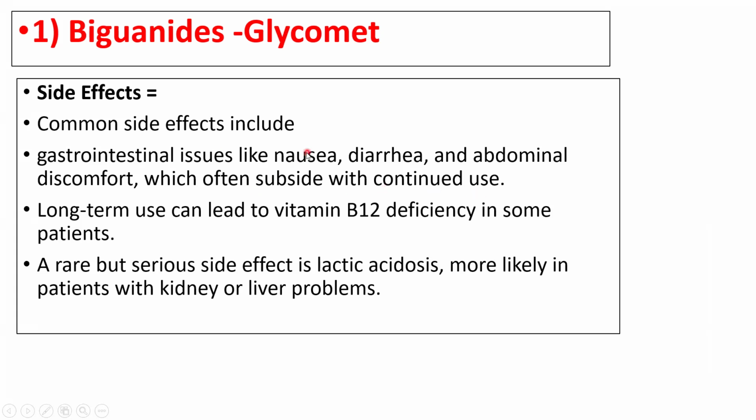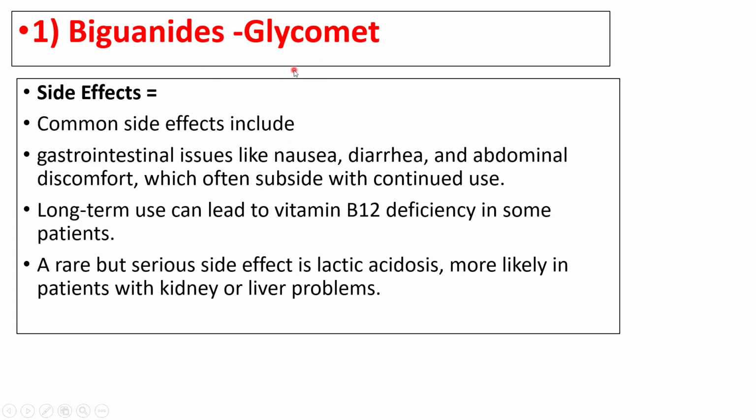That means in the first week when you are prescribing Glycomet, the patient may say, doctor, there is a problem, I am getting some loose motion, I am getting a vomiting sensation. Just ask the patient to wait and watch. After 15 days, after 3 weeks, if it continues, then you can change the drug. But in most patients, this particular side effect gradually leaves. That means it is stopped.